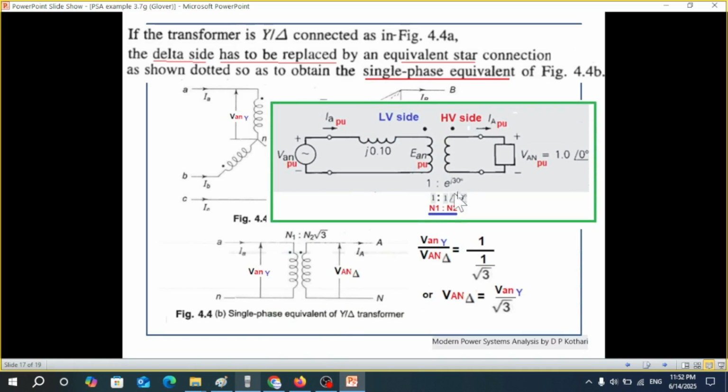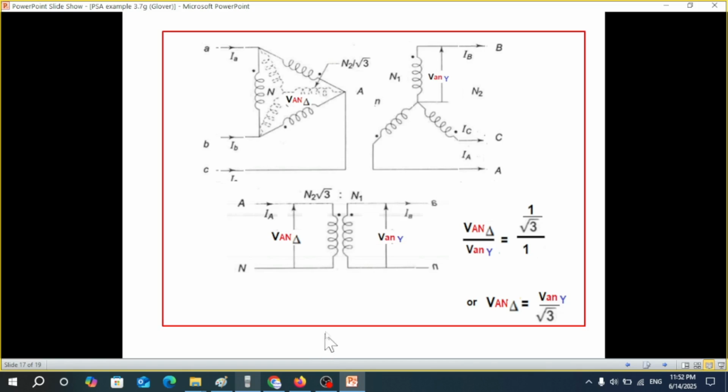Just like here, it is 1 and angle 30, or 1:1. The 1:1 relation we'll use here. And from here, VAN delta will be VAN Y divided by under root 3. Now, if you are not comfortable, because you say that our delta is on the left-hand side, you just flip the circuit and you will get the same result.